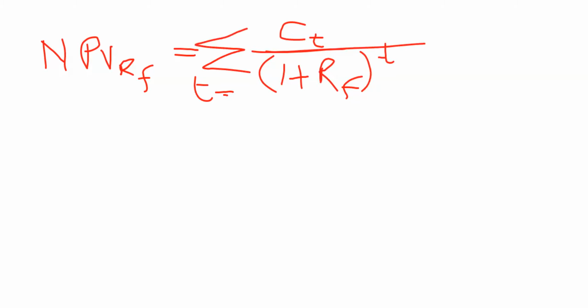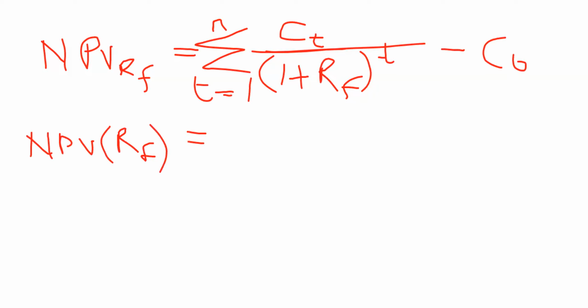T equal to 1 to N, minus C0 as usual. So our calculation will go towards NPV. If you like, you can write RF.